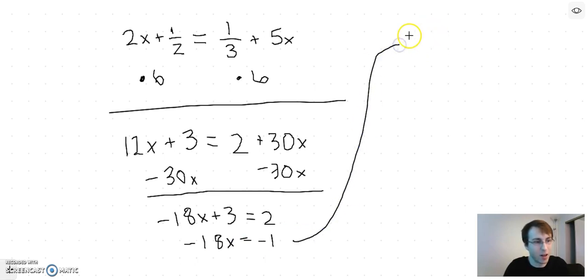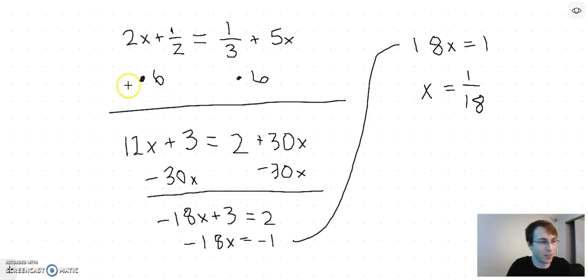I'm just going to write up here. Multiply both sides by negative 1, then you've got 18x equals 1, and then divide both sides by 18. You've got x equals 1 divided by 18. And when we plug that in, that should work.